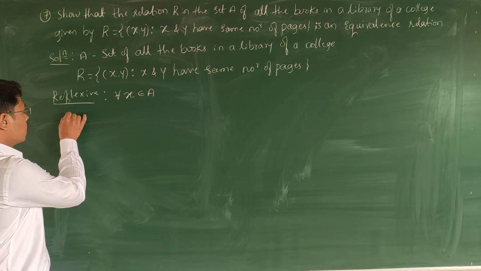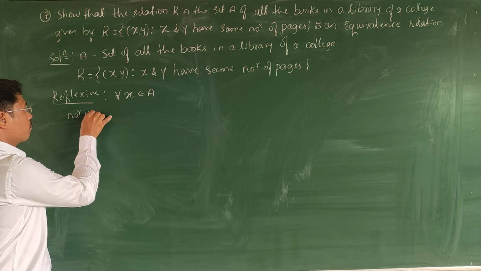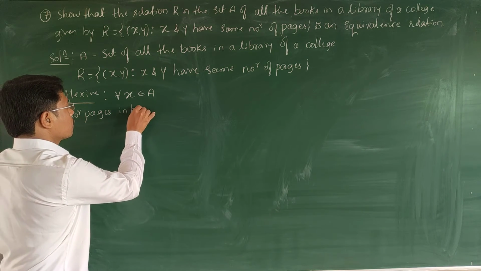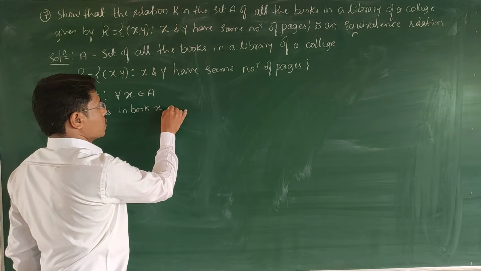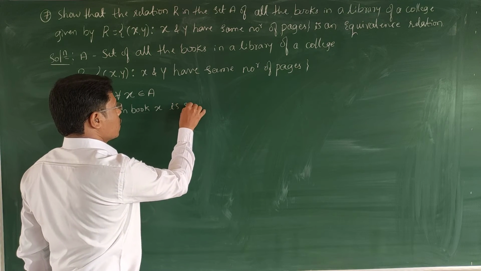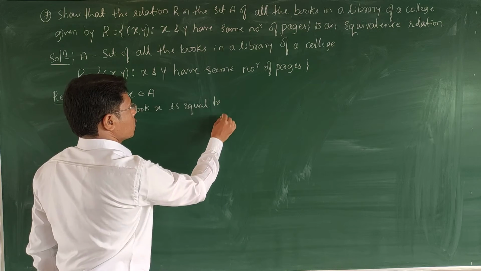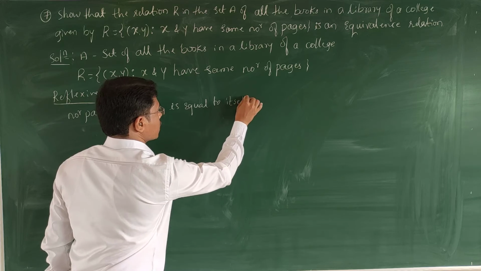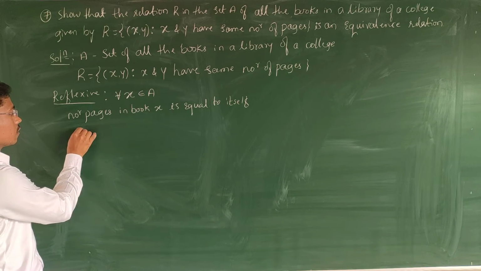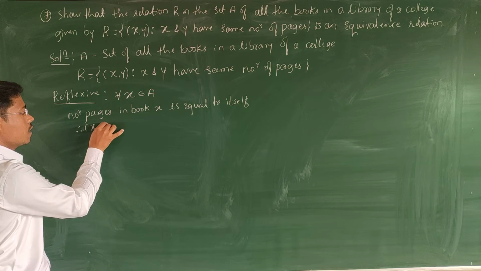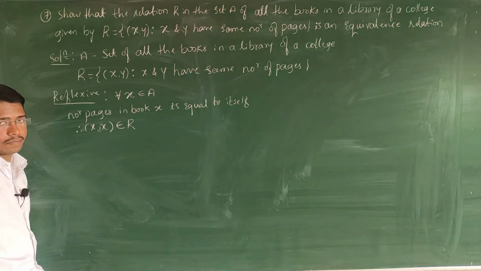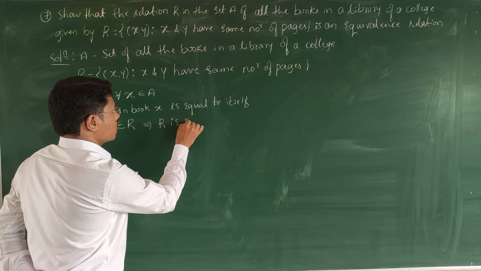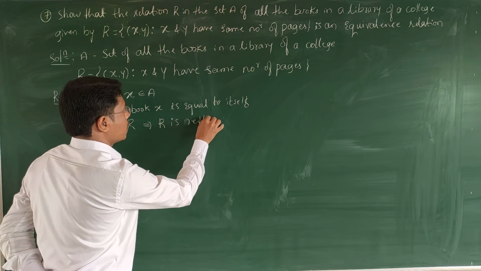So the number of pages in book X is equal to itself, therefore X, X belongs to R. Therefore we can say R is reflexive.